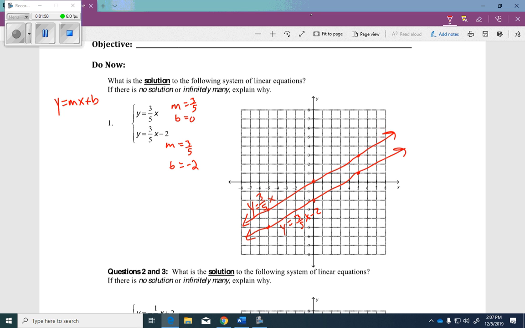And we say no solution. It says to explain why the lines do not share any points.